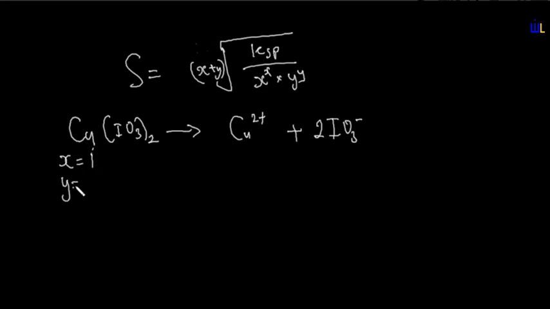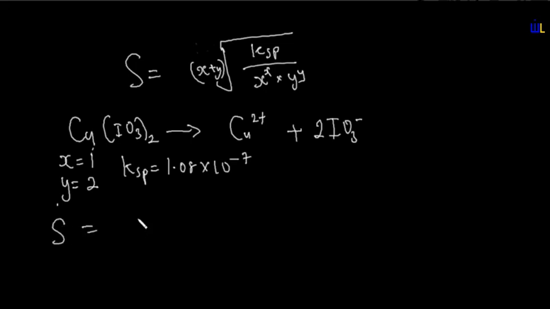What is y? 2. Exactly. Now, you were asked to find the solubility, but you are given the solubility product. So what is the solubility product in this question? 1.08 times 10 raised to the power minus 7. Very good.